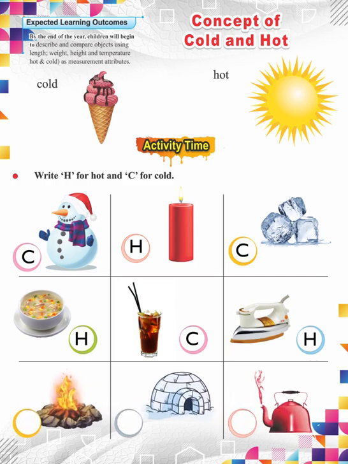The burning fire is hot, so write H in the circle. The igloo made up of snow is cold, so write C in the circle. The tea kettle is hot, so write H in the circle.